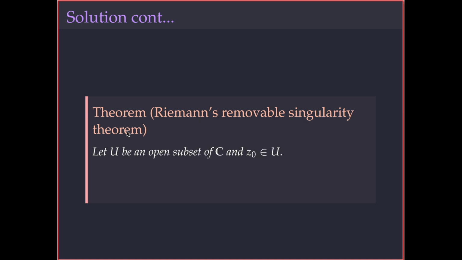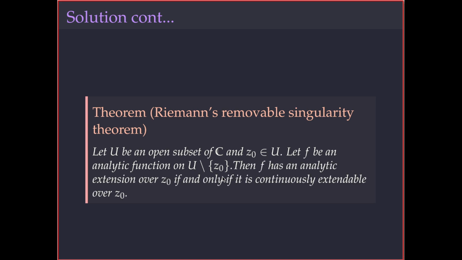If U is an open subset of C and z0 is in U, and let f be an analytic function on the deleted neighborhood, that is U minus z0, then f has an analytic extension over z0 if and only if it is continuously extendable over z0. So it is enough to give a continuous extension of f at z0. Then from the Riemann removable singularity theorem, we can conclude that this continuous extension is also an analytic extension.